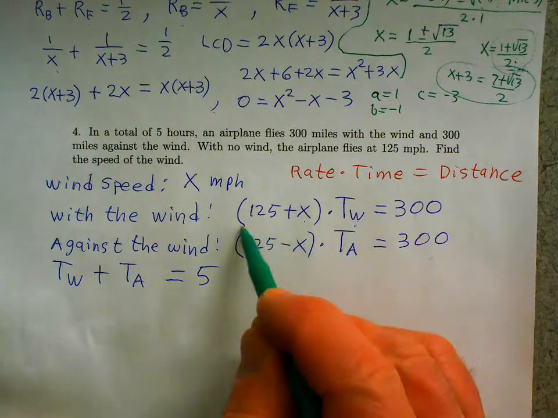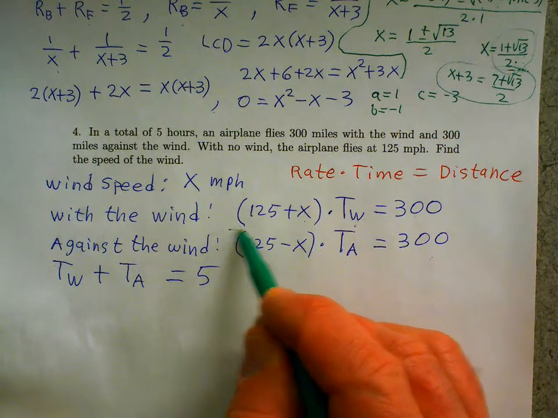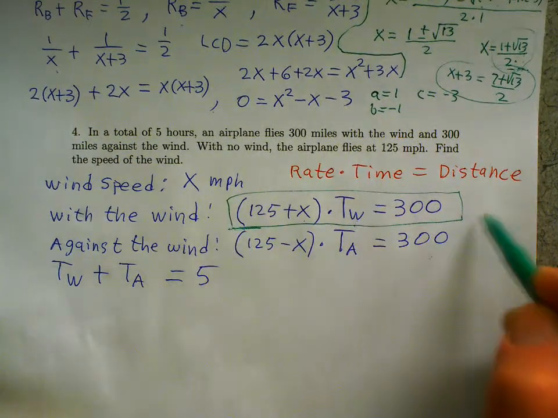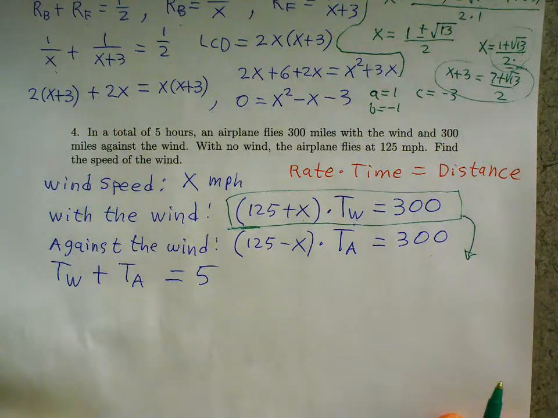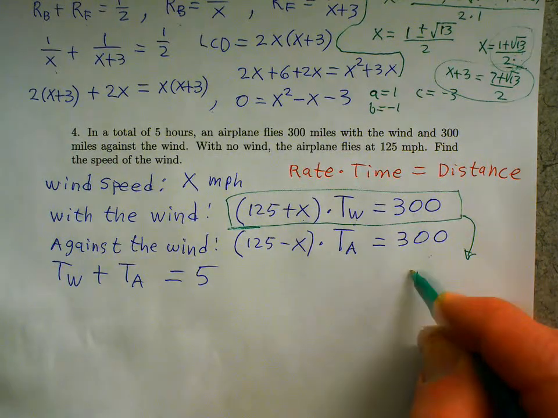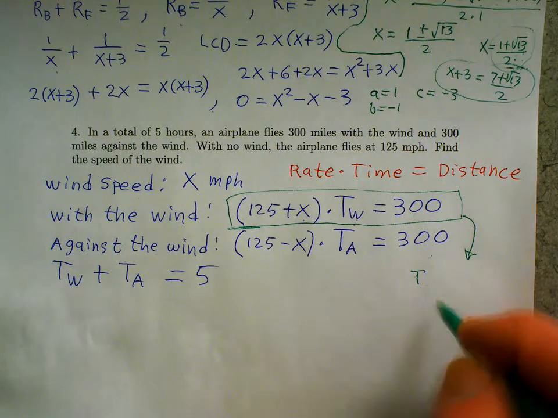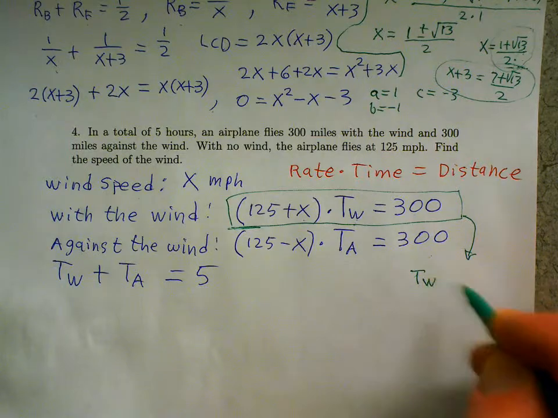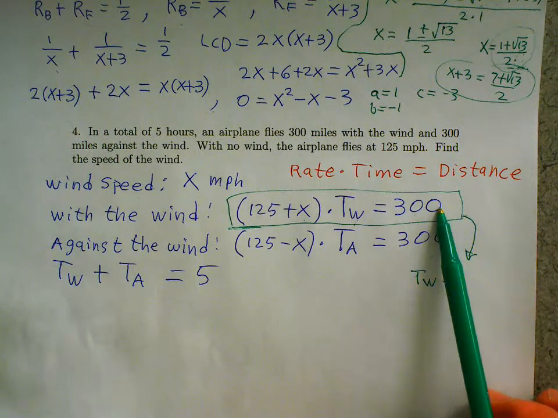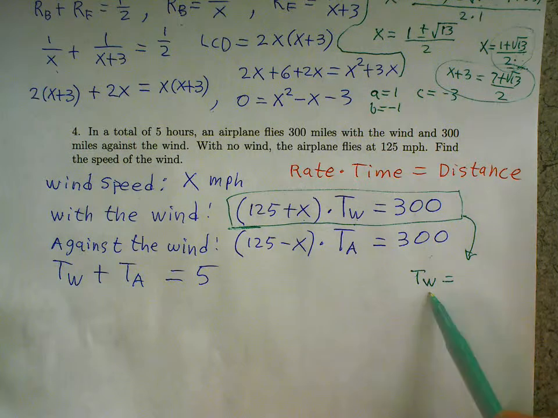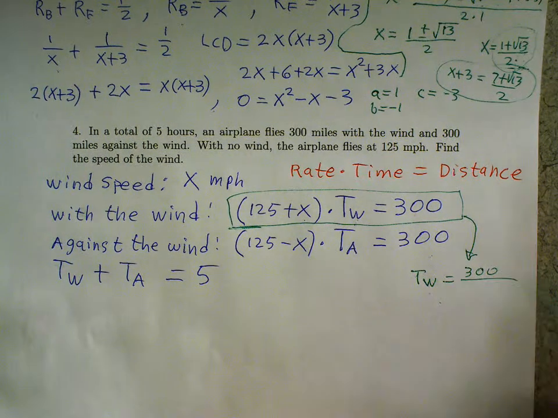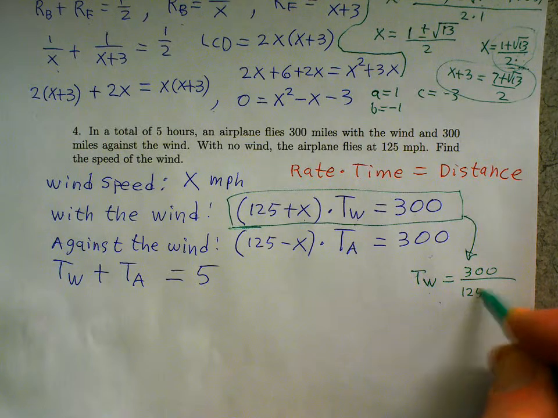So this equation, with the wind equation, we're going to solve for T sub W. So divide both sides by 125 plus x. T sub W represents the amount of time it takes to fly 300 miles with the wind. So T sub W is 300 divided by 125 plus x.